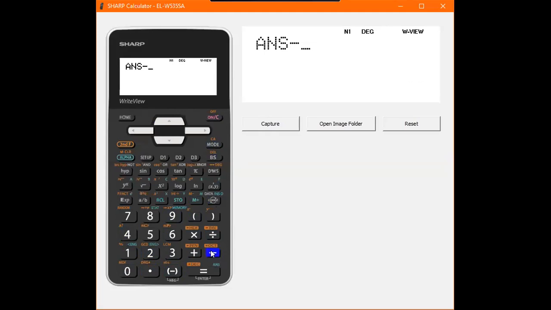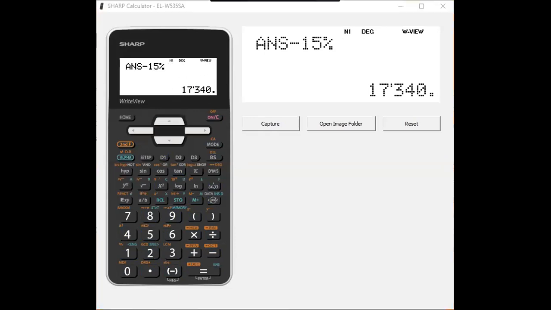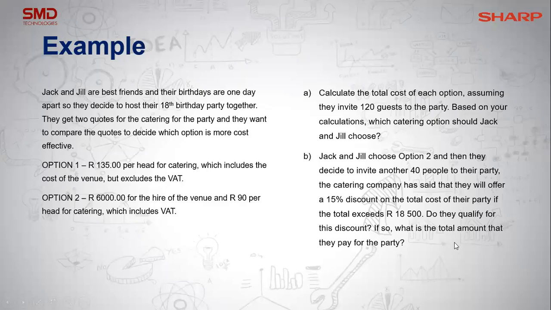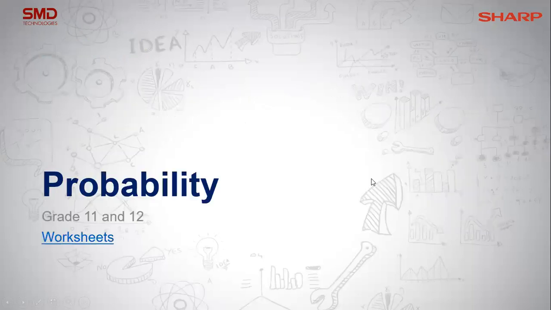So we're going to say minus 15%. I'm just going to use my shortcut key, and it gives us the cost of 17,340 Rand. And that is the answer to our question. So the total amount that they will pay is 17,340 Rand. I think that's what it said.